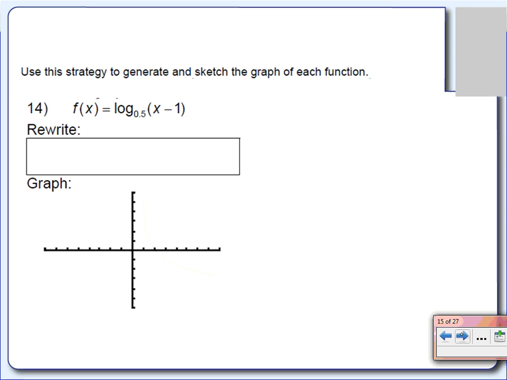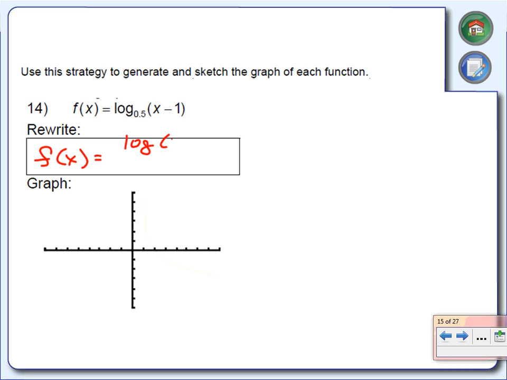Okay, let's go to the next one, number 14. I want to know what the graph of that looks like. But in order to see that graph, I'm going to have to use my change of base property. So we're going to change this as log of x minus 1 divided by log of 0.5. Put that in your calculator.